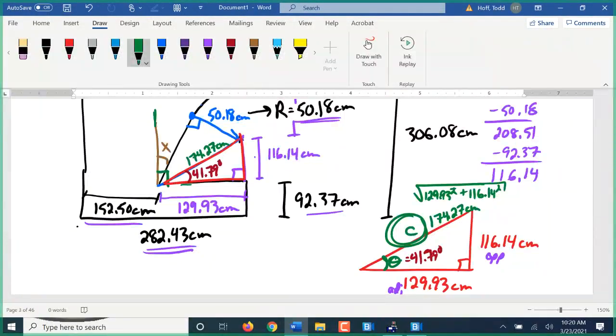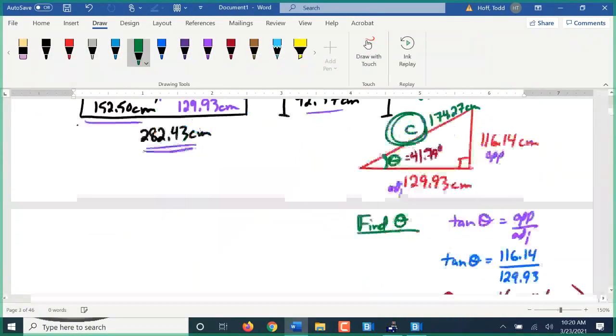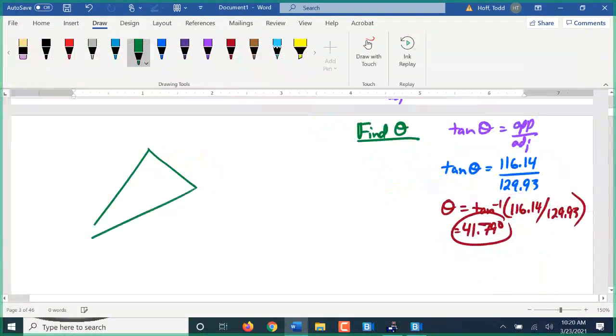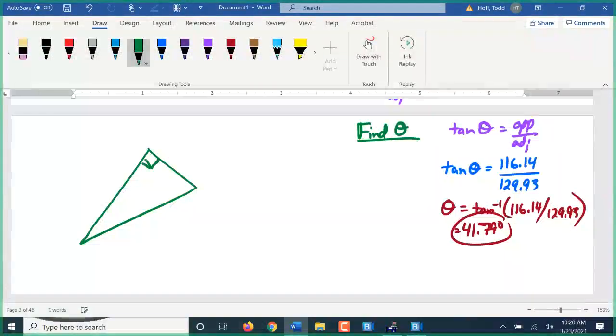Now that I have those two dimensions, I can look at this next triangle, this one here that I'll draw in green. I'll redraw that triangle down here. I know that's the right angle there because that's where we intersected the tangent.